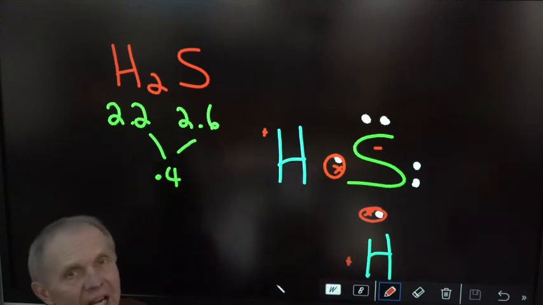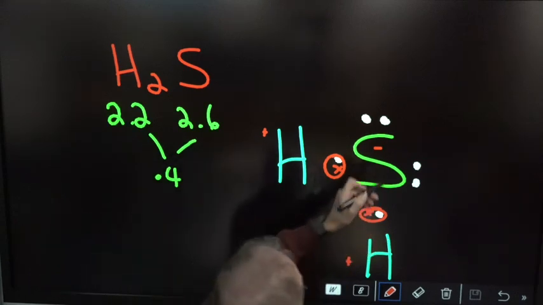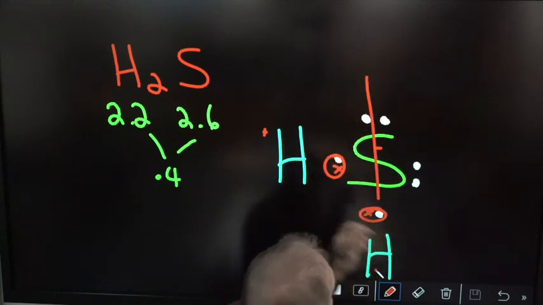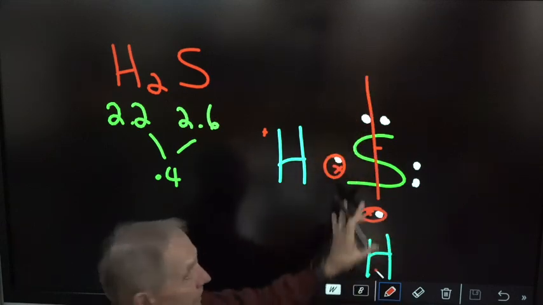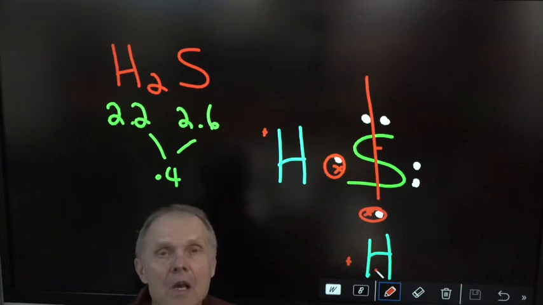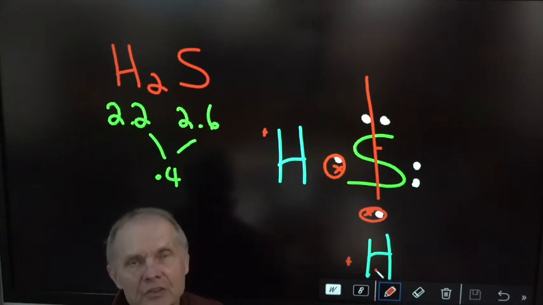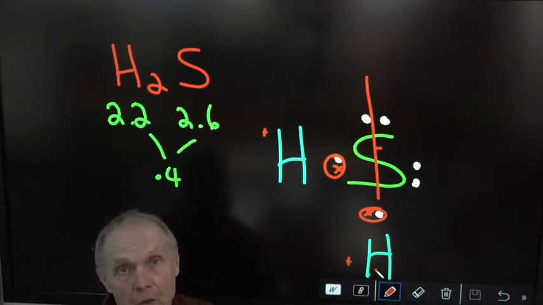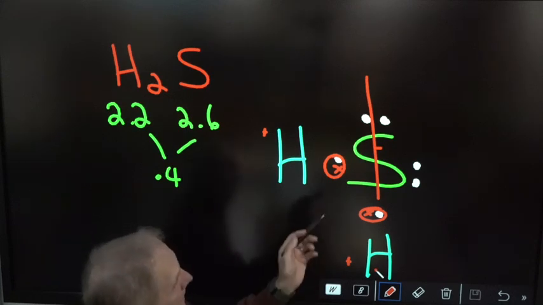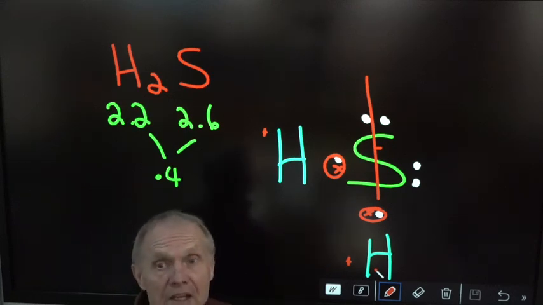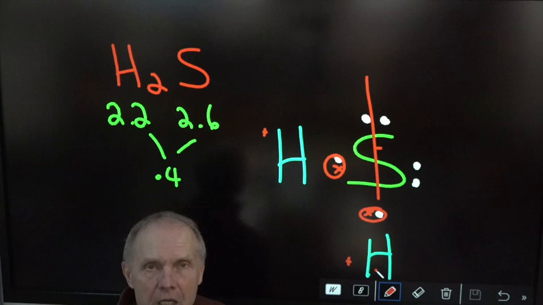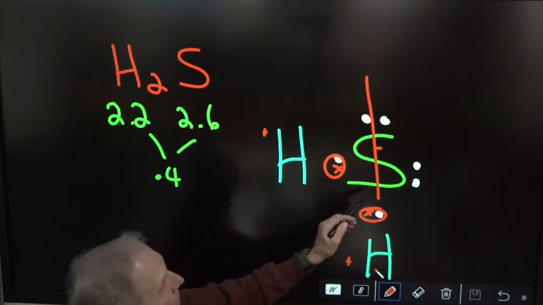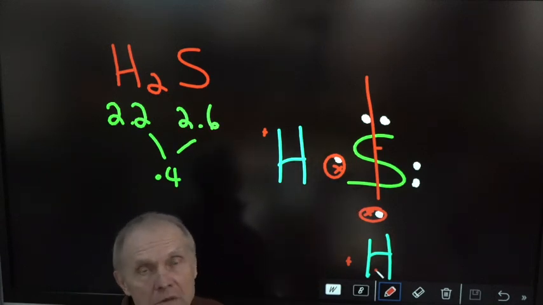And if we cut it, you see that both sides don't look the same, so this molecule is also asymmetrical. Asymmetrical shape means it is a polar molecule or a dipole. But this polar molecule is extremely weak. So this is considered a weak dipole.